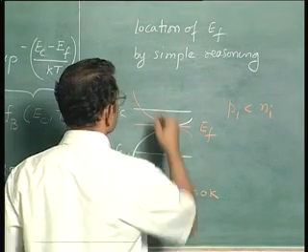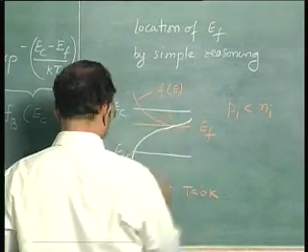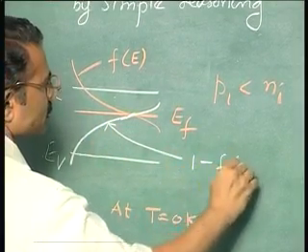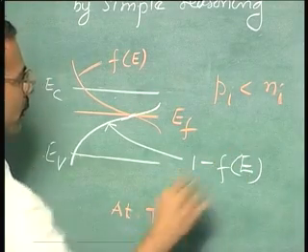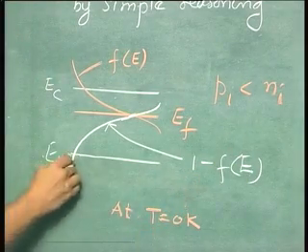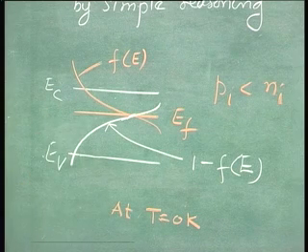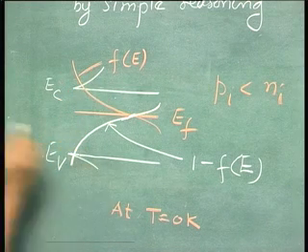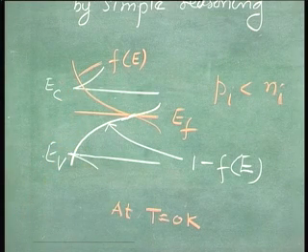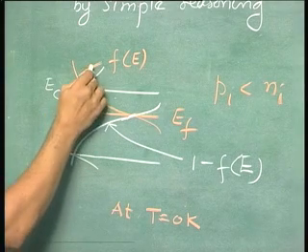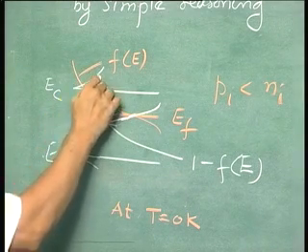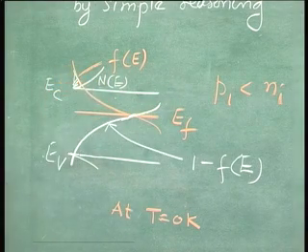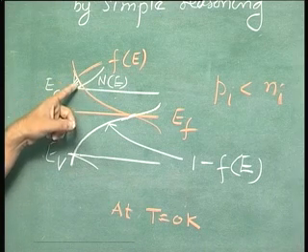So this is f of E, and here this is 1 minus f of E. Now you can very clearly see that you put the density of states function here, parabolic density of states approximation, allowed states. Now you multiply f of E into Ne, this is Ne, and you get this area. Multiply and then integrate, then you get this area.